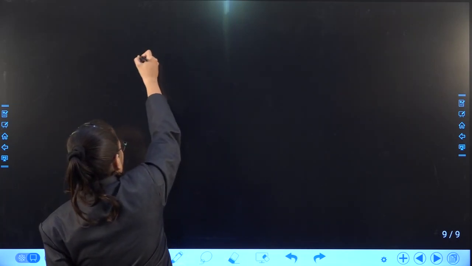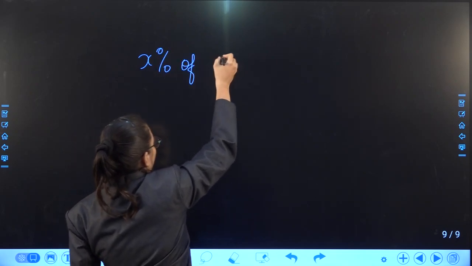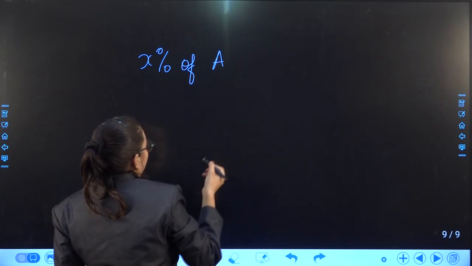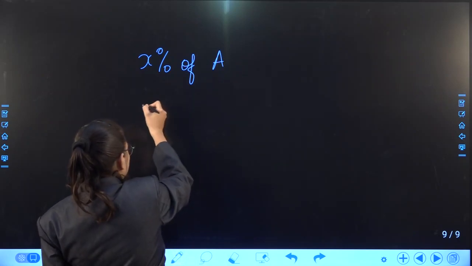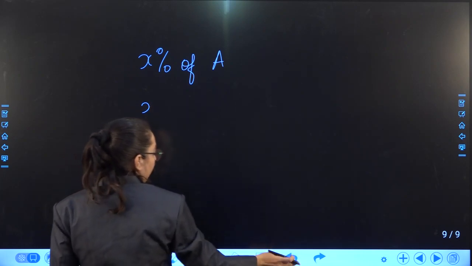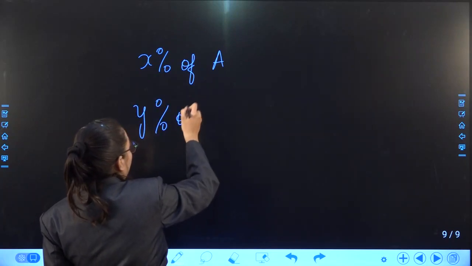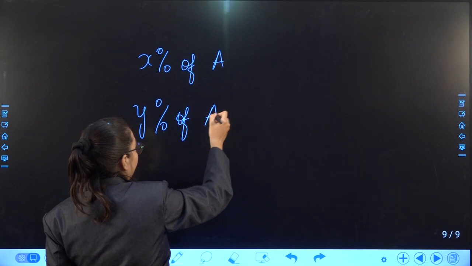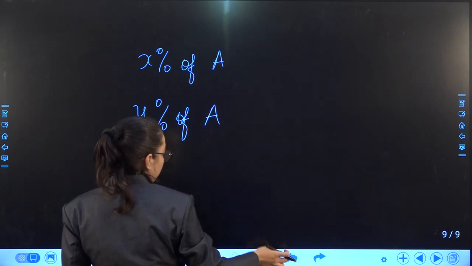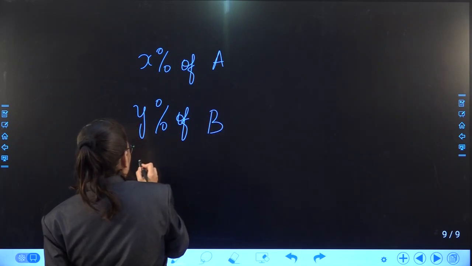Suppose X percentage of any isotope is there, say A, and another Y percentage of the same element, the atom will be the same but the isotope will be different.